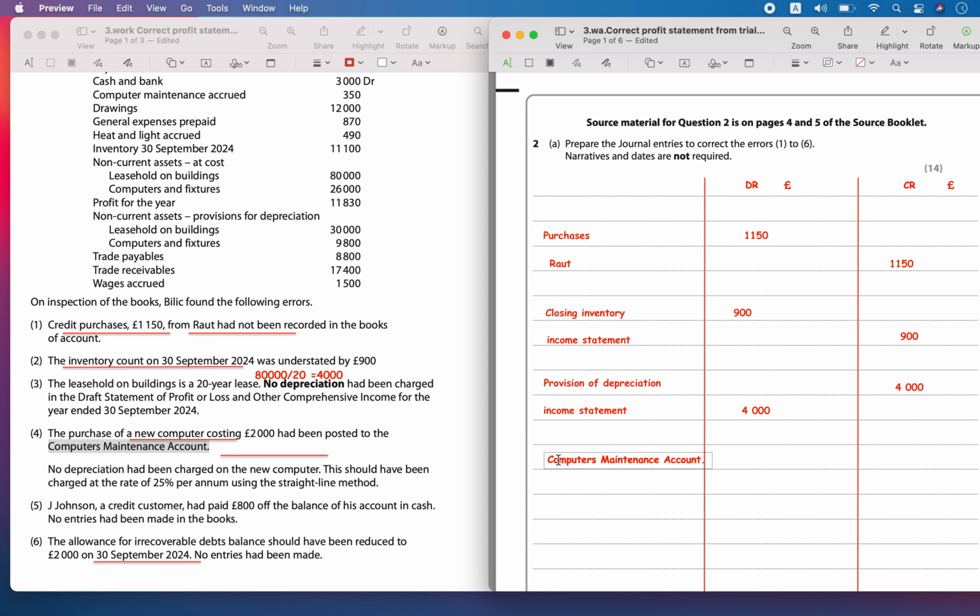For the removal, the expense would have appeared on this side, so for removal you will put it on the credit side, 2,000.